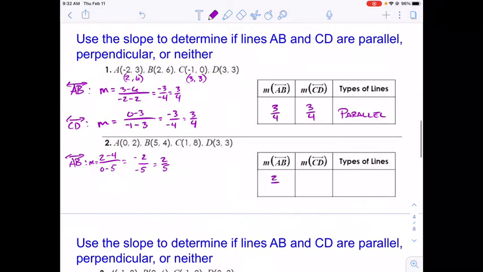So we put 2/5 over here. Now we do CD. The slope for CD is going to be 8 minus 3 over 1 minus 3. That gives me 5 over -2.